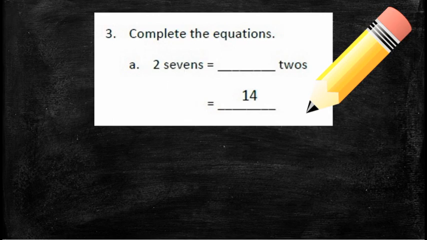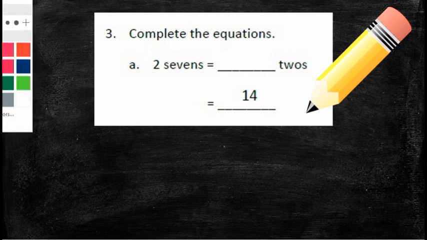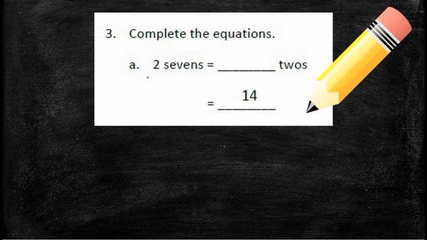Okay. 2 7s is the same as saying 2 times 7. So I could just say here, for my reference, 2 times 7. Well, I know because of the commutative property that 2 times 7 is the same as 7 times 2.